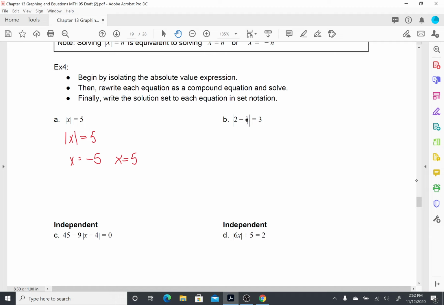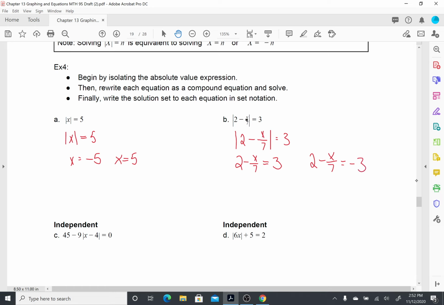Now, if we have something a little bit more complicated, like in B, we're going to allow this to equal the 3, and we're going to allow it to equal the negative 3. So you'll write the first one, allowing it to equal the positive number. Write it one more time. And it could also equal negative 3.